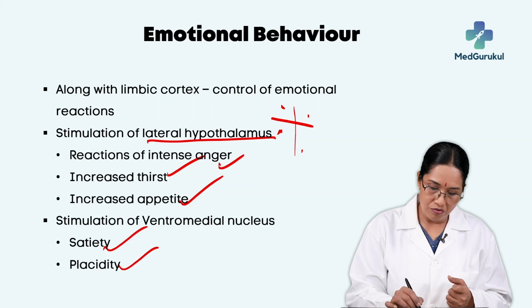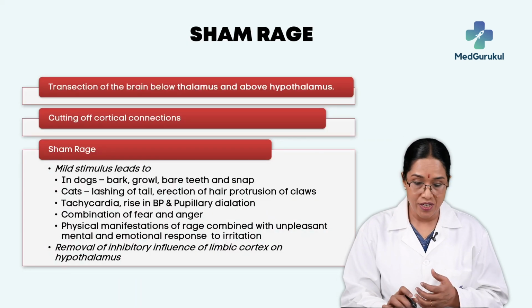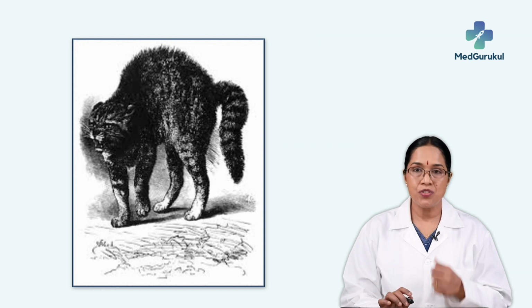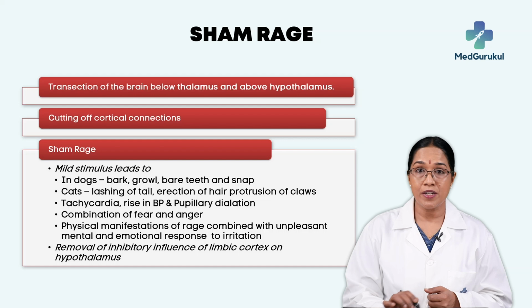Now you come to the word sham rage. What is this sham rage? This picture you all should be able to recollect, this experimental animal. I need to go back to the previous slide.